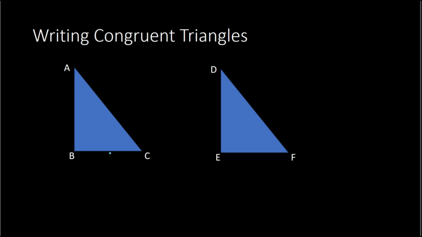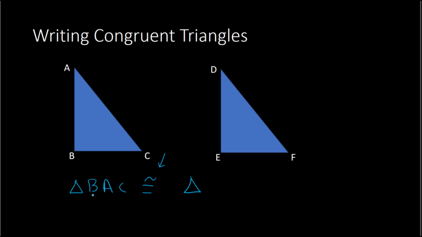Now when you're writing congruent shapes, it is important that you have the corresponding vertices matched up so that they're in the same order. So for example, if I am writing triangle, let's say BAC over here, we're trying to show that it is congruent, which by the way, this is your congruent symbol. It's an equal sign with a little squiggly line above it. But we're trying to show that this is congruent to this other triangle over here. It is important that the letters are corresponding.